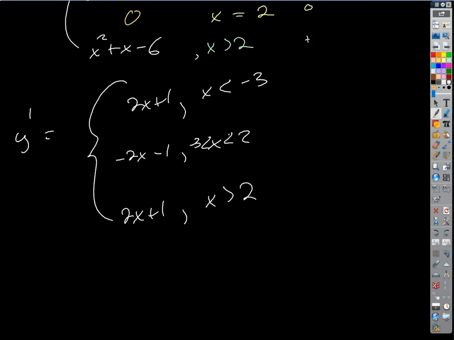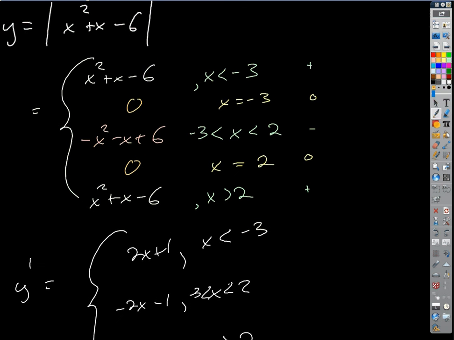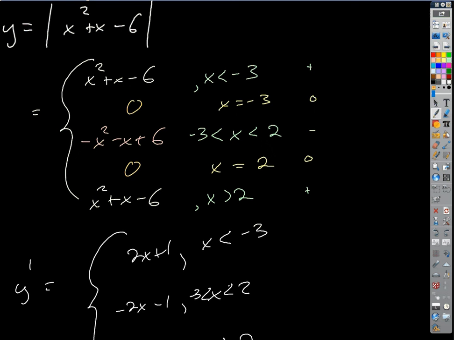So how would we know? The function is continuous, isn't it? Do we know it's continuous? It is continuous. And I can prove that, because if I take the limit of this function as I approach negative 3, what am I going to get? 0, right.